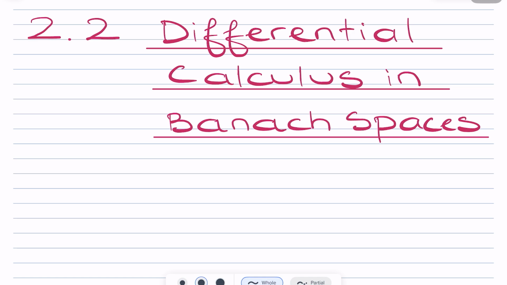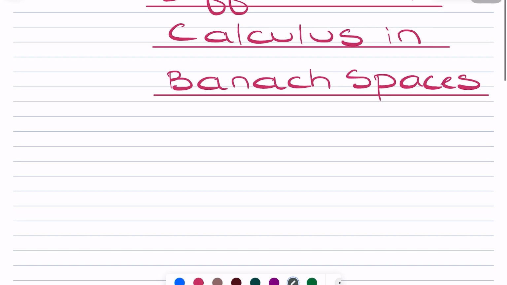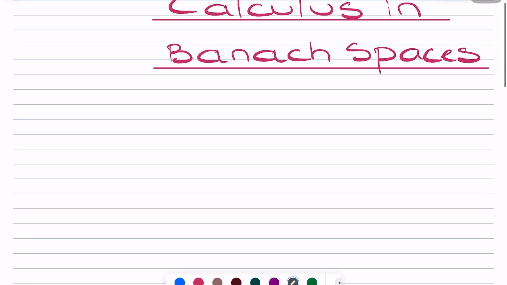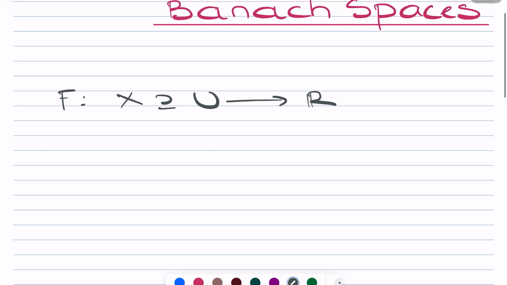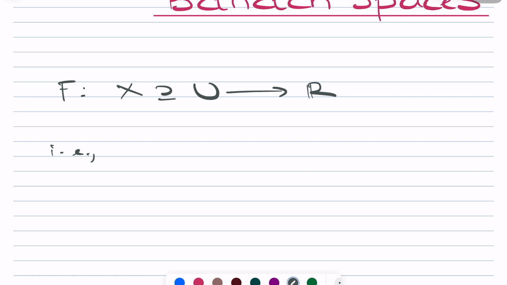So, say you want to minimize the function f defined on a subset U of a Banach space into R. Say you want to find a minimizer of this function over u in U. Maybe I should put an interrogation mark. Okay.